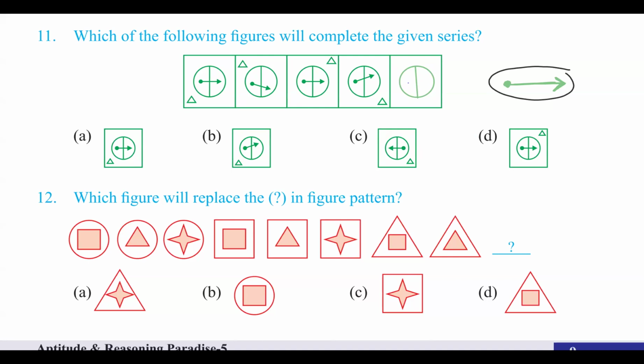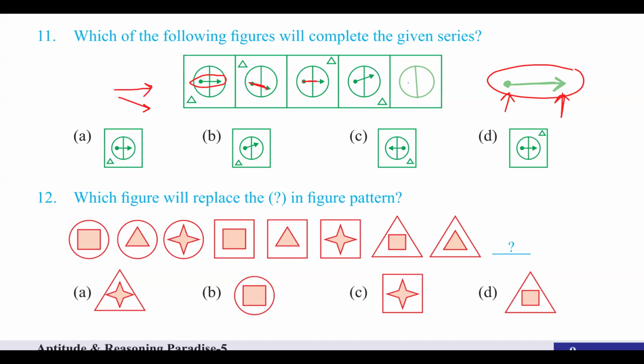So let me discuss the 11th one. We'll do the 12th one then, okay? See, in the 11th one, what was there? As we can see, there is a line which has a dot at one end, and on the other end there is an arrow which is moving in a particular direction. In the first one, it was facing east. Then in the second one, it went southeast.